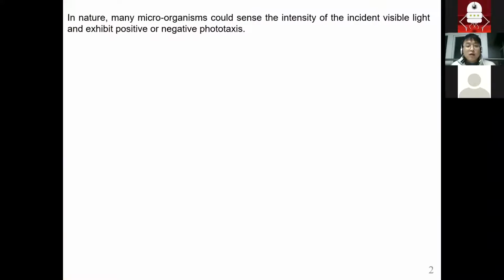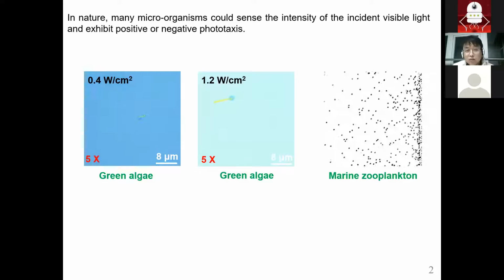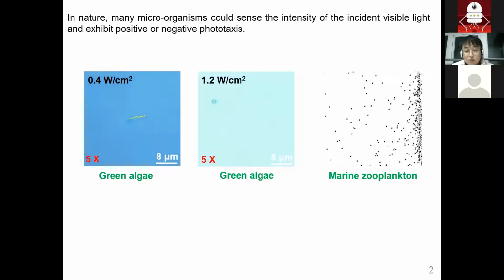In nature, many organisms can sense the intensity of incident visible light and exhibit bidirectional positive or negative phototaxis. For example, some marine microorganisms.